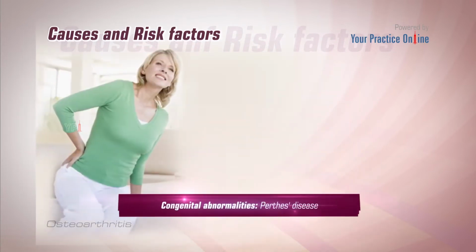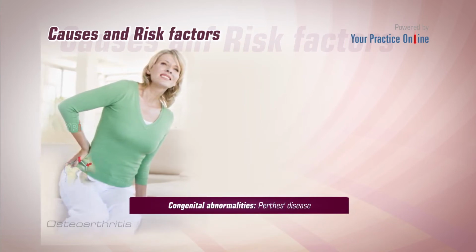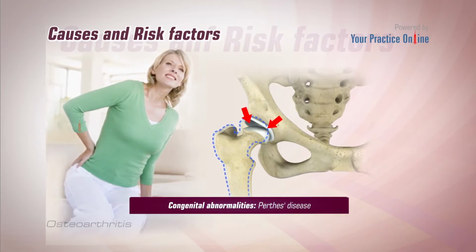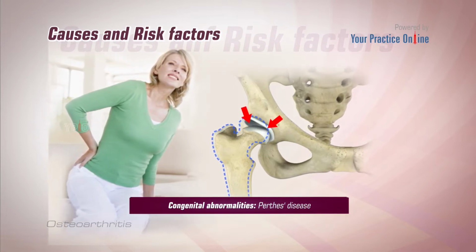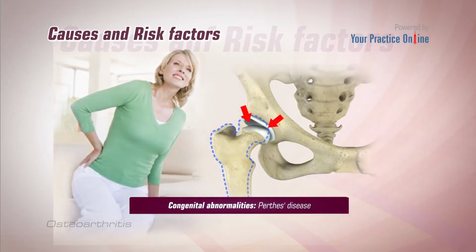Some people have congenital abnormalities of the joints. For example, Perthes disease of the hips that cause early degeneration and subsequently cause osteoarthritis.